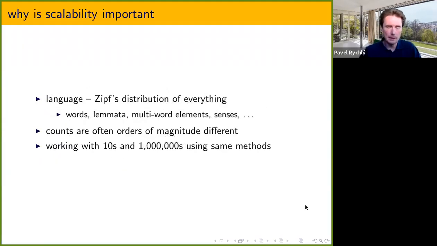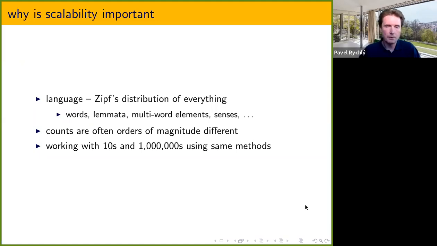Also, the problem of scalability is in each part of processing corpora or language data, because everything in natural language is distributed using a Zipfian distribution.